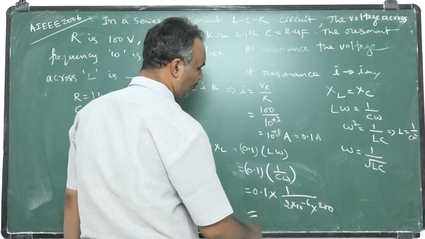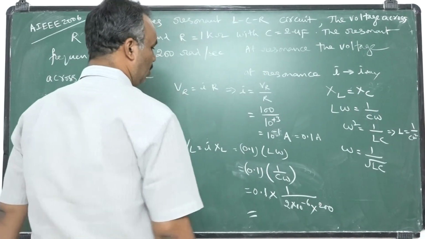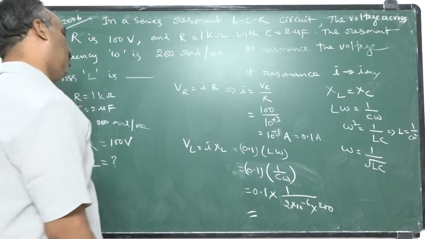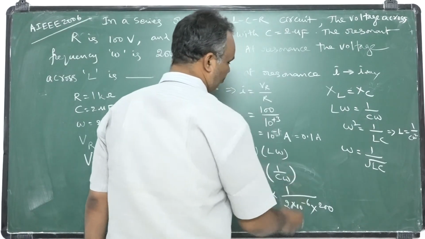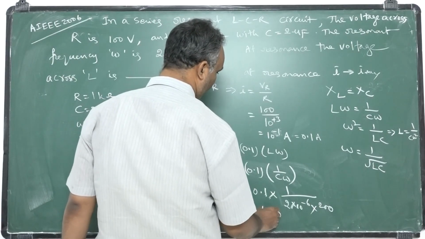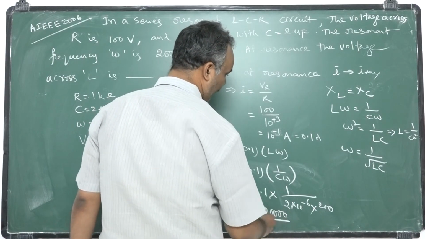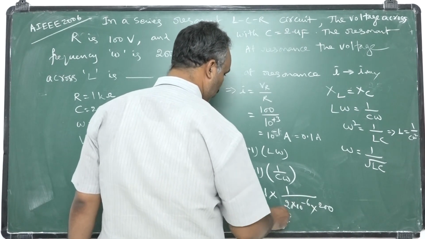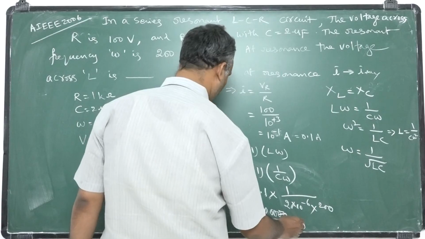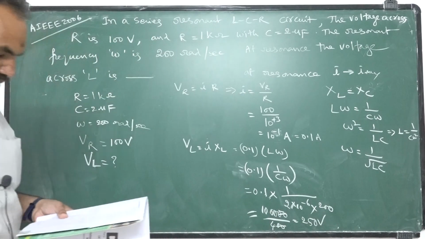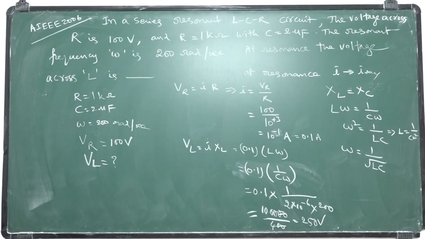Now on simplification, 1 by 400 into 10 power 5. 10 power 5 means 1 lakh divided by 400, 2 zeros will go, 1000 by 4, 250 volts is the answer.